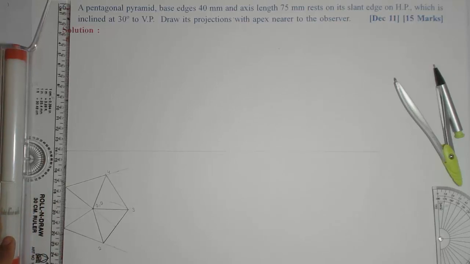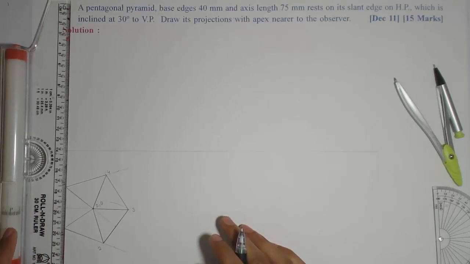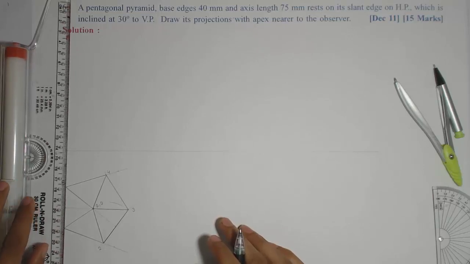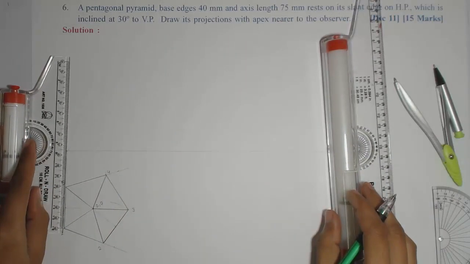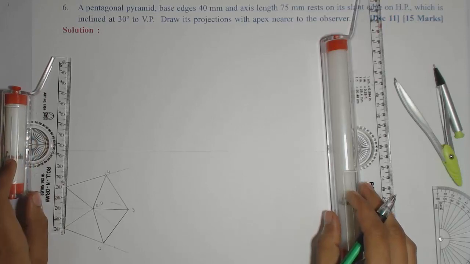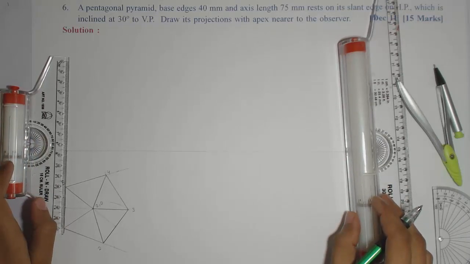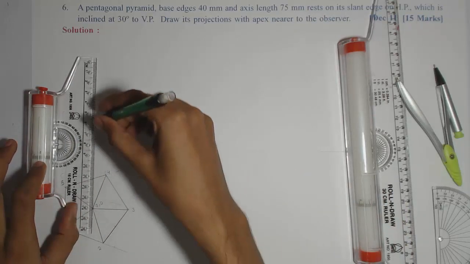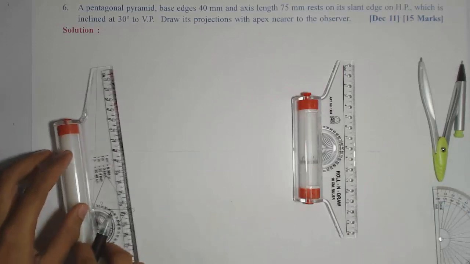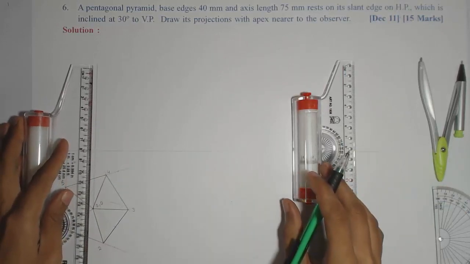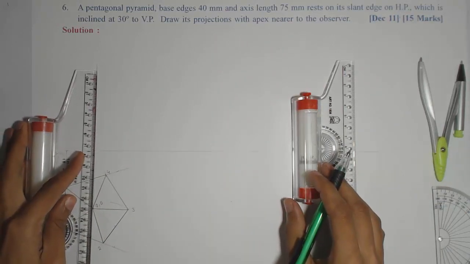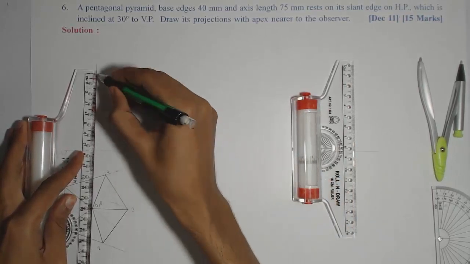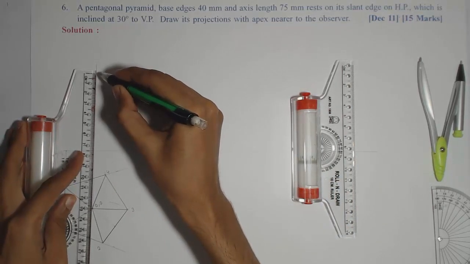Now we need to just first produce the axis up to height of 75 mm. Be careful while drawing the parallel lines. So this needs to be extended above XY at the height of 75 mm from the XY line, which will be shown by long dash and short dash.